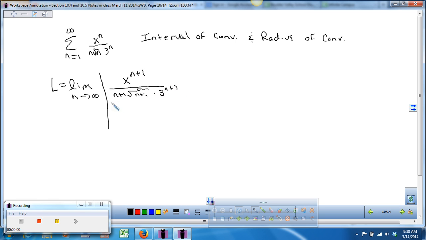So we have the n plus first term over the nth term, x to the n over n root n, 3 to the n.